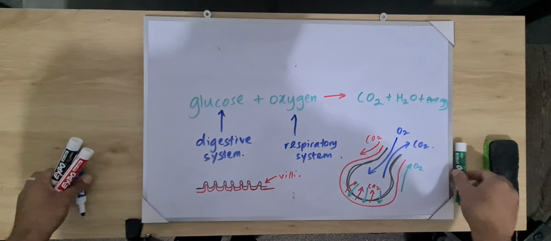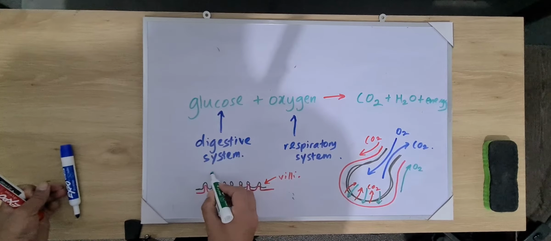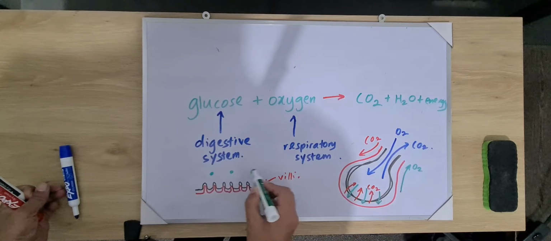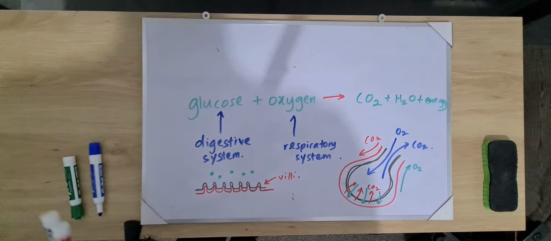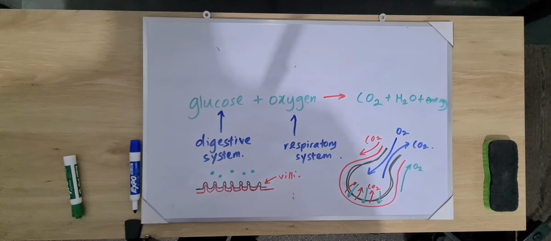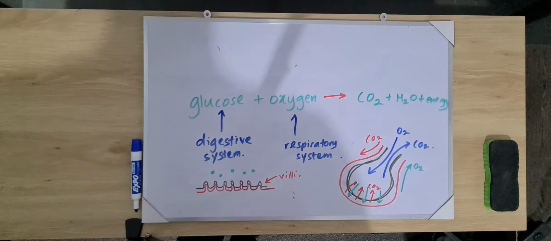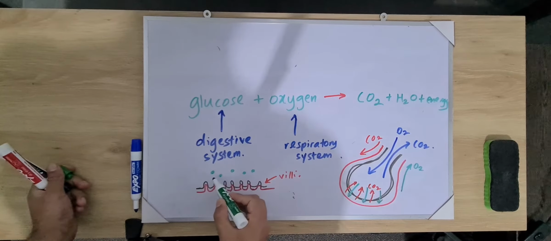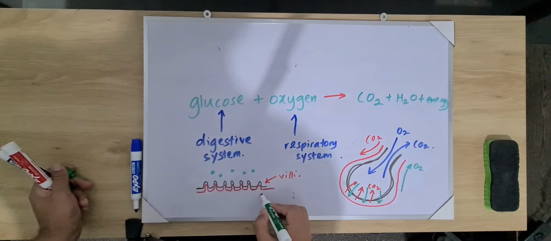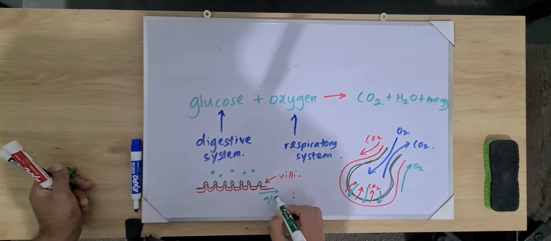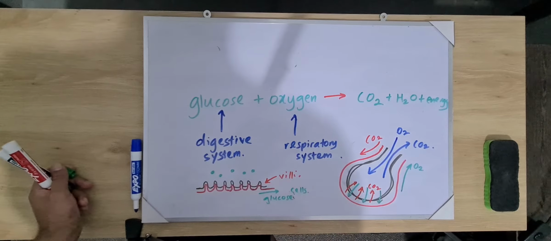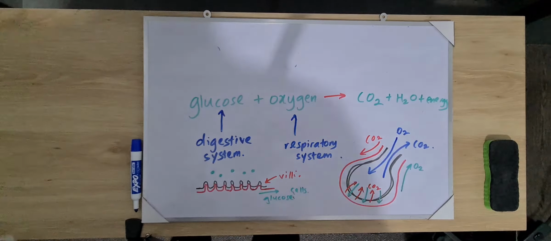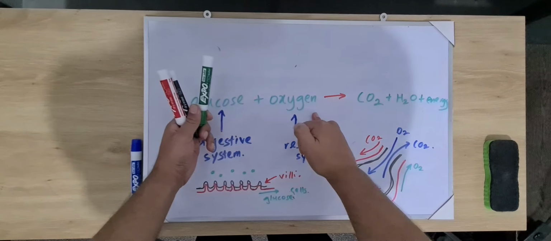So let's just assume that these green circles are our glucose molecules. Those glucose molecules, once diffused into the bloodstream, will eventually reach our cells as well, and therefore we've now got both reactants.